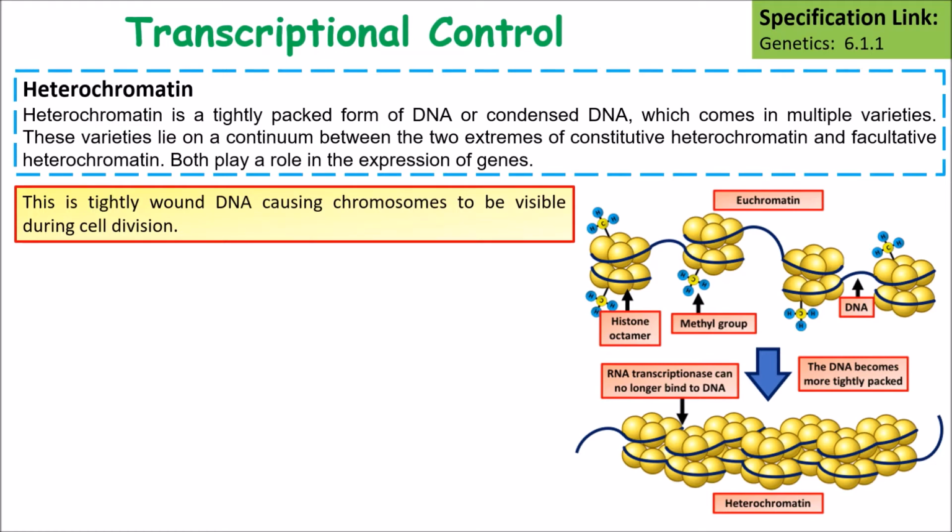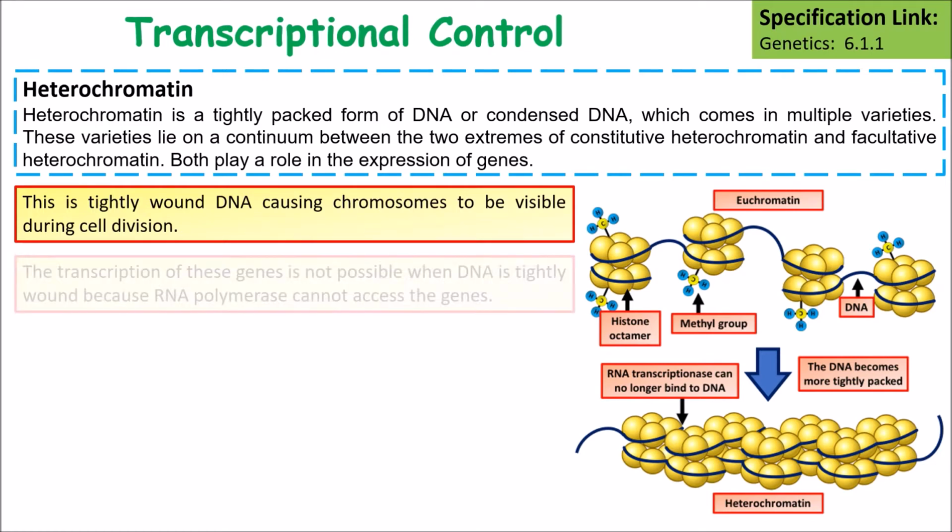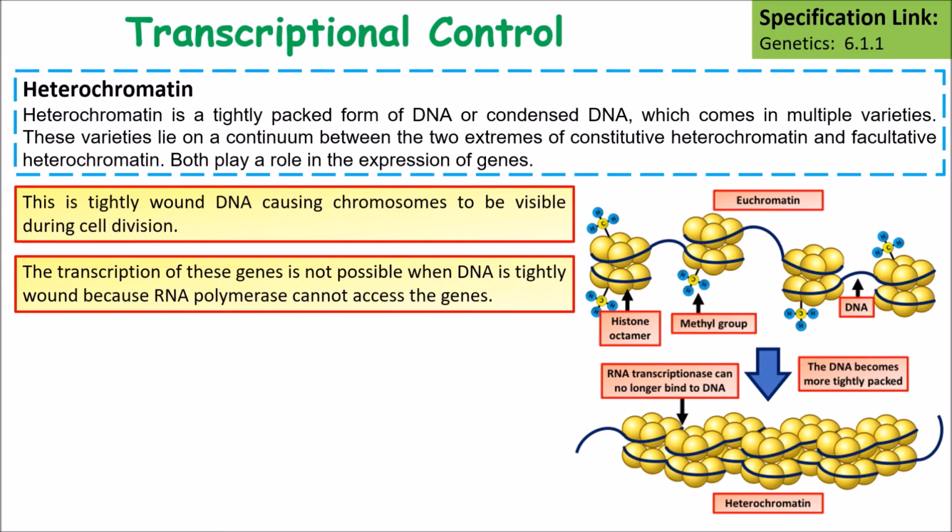This tightly wound DNA causes chromosomes to be visible during cell division. The transcription of genes is not always possible when DNA is tightly wound because RNA polymerase can no longer gain access to these genes.